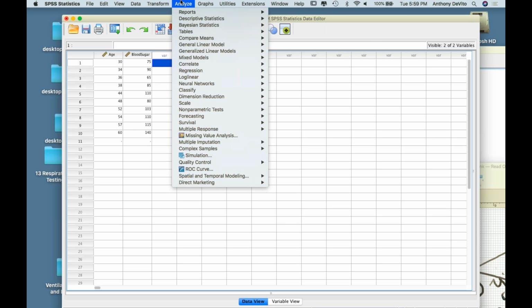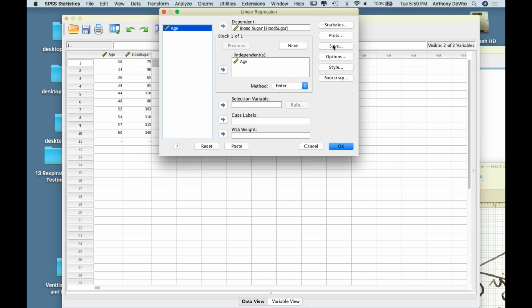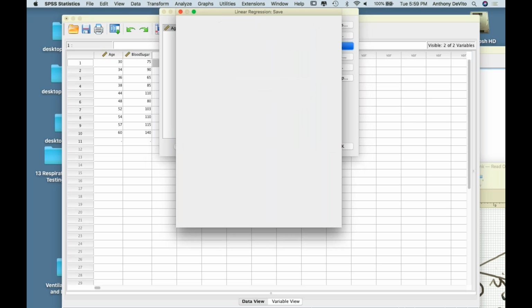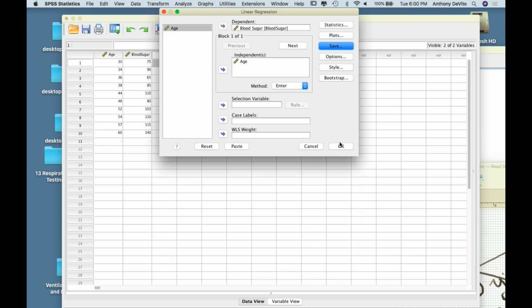So we can go up to analyze, to regression, to linear, and under the button save, I can click on that and ask it to give me the unstandardized predicted values and something called the unstandardized residuals. I'm going to click continue. I'm going to click OK.